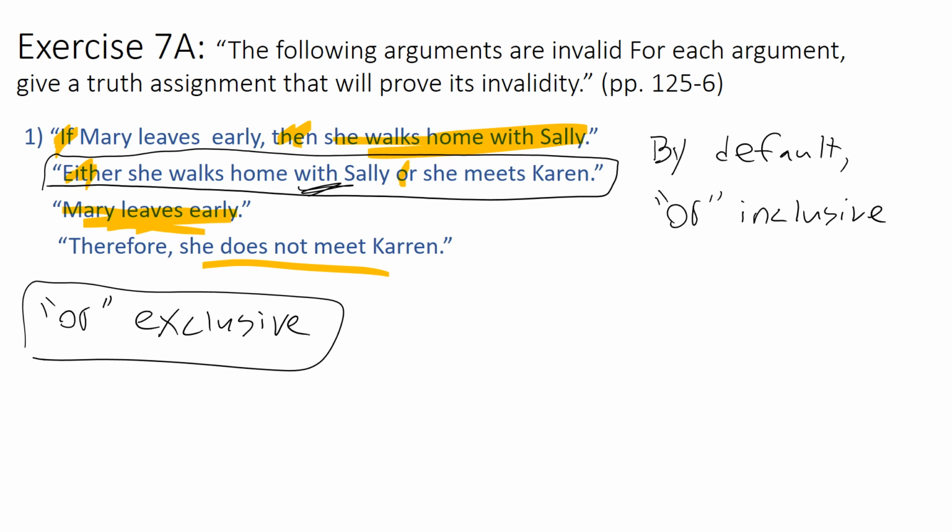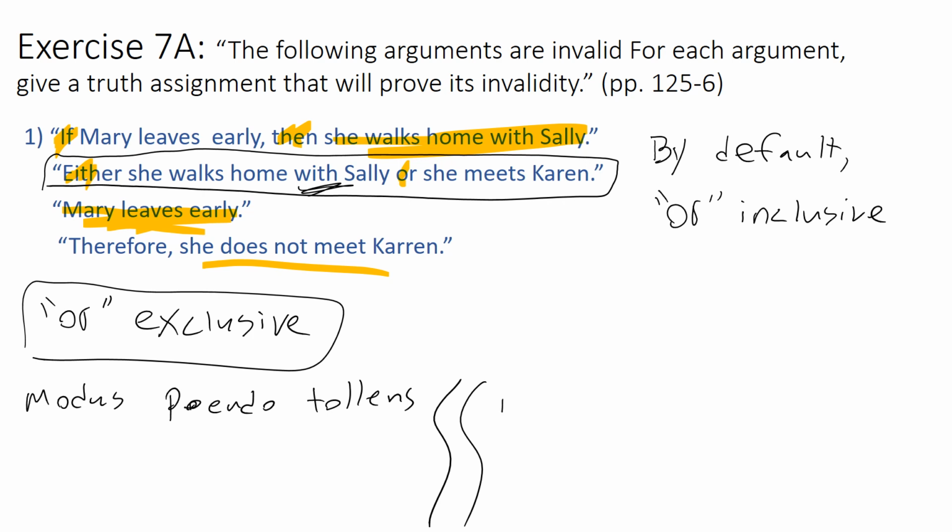In fact, in older logic, they would make a distinction between what's called modus ponendo tollens versus modus tollendo ponens.